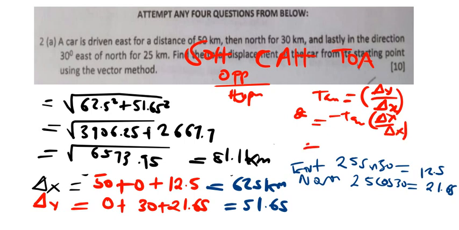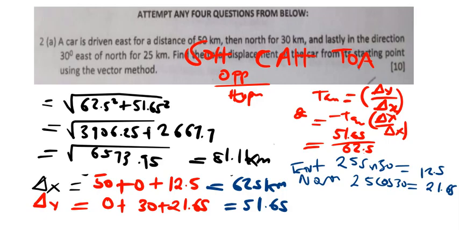So what do we have as the y? We found that it is 51.65 divided by 62.5. So I'm finding the inverse of that, the arctan of 51.65 divided by 62.5.